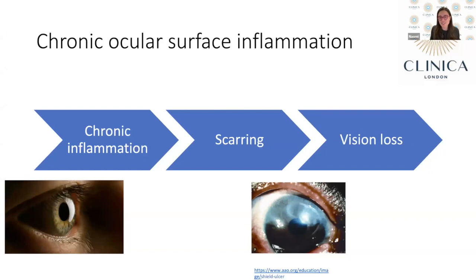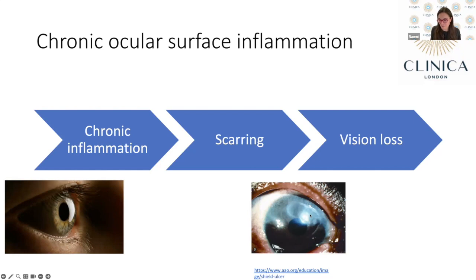But what I tell my patients is the whole job of the cornea in its life, very simplified, is to be see-through. We want it to stay see-through. And the problem with scarring on the cornea is it's not see-through. It can be opaque. If you look at this picture on the bottom right of your screen, that's showing a scar after a shield ulcer, which you can see has rendered that nice clear cornea opaque.